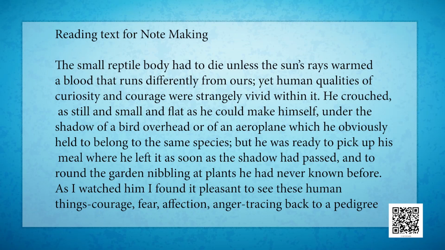The small reptile body had to die unless the sun's rays warmed a blood that runs differently from ours. Yet human qualities of curiosity and courage were strangely vivid within it. He crouched as still and small and flat as he could make himself, under the shadow of a bird overhead or of an aeroplane, which he obviously held to belong to the same species.